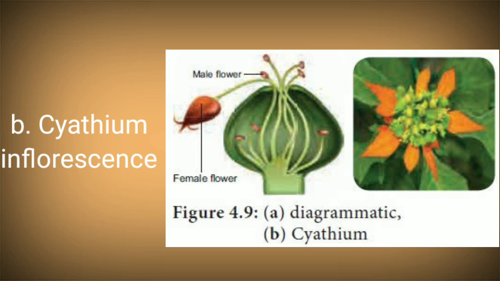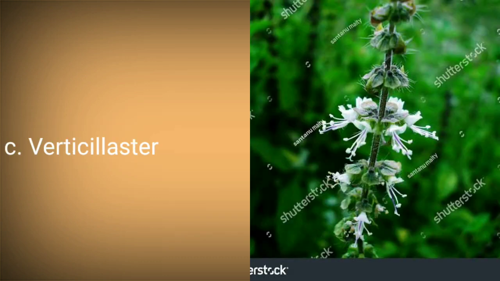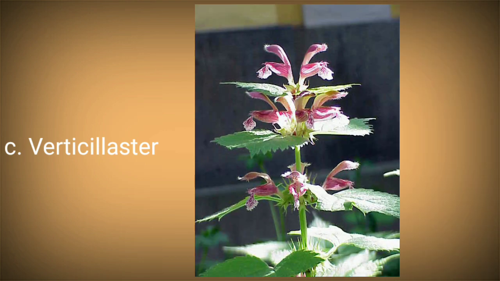And lastly comes the Verticillaster. So Verticillaster is again a special type of cymose inflorescence which is found in a family called Labiatae, and this Labiatae family is the family of the Tulsi plant. It is a condensed head formed by the union of cymose inflorescences in the axils of two opposite leaves.